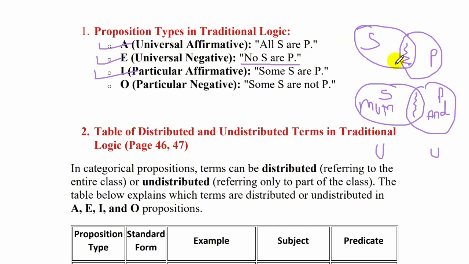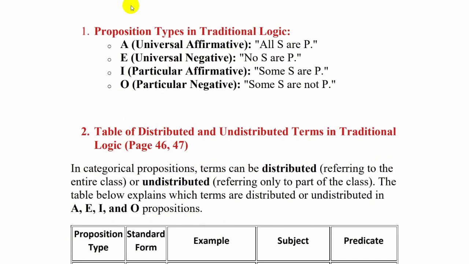They are both undistributed. For the E-type proposition, we saw that both subject and predicate are distributed. So we covered all three of these.